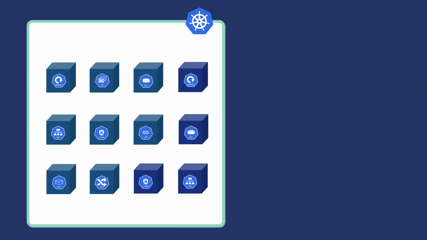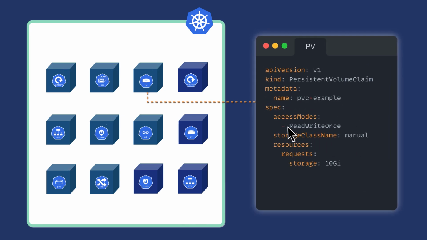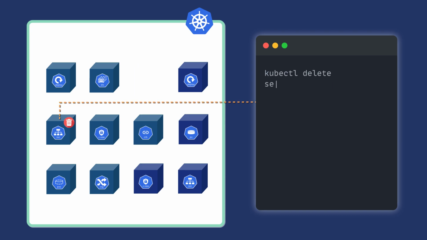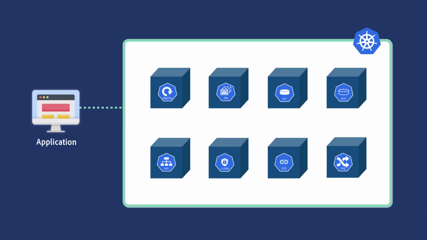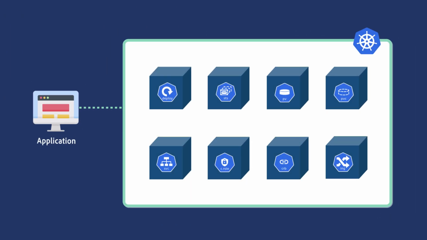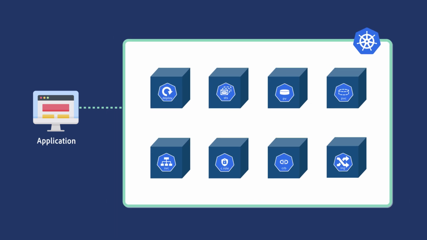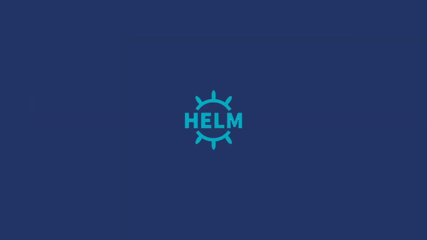We would need to go into each YML file of each object to make changes. And imagine if tomorrow we need to delete our application from the cluster, we would have to go and delete each individual object one by one. These are the problems when we want to deploy many objects of a large application individually within a Kubernetes cluster. And to solve this problem, Helm was created.